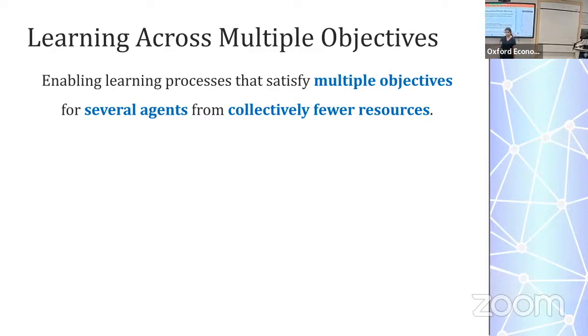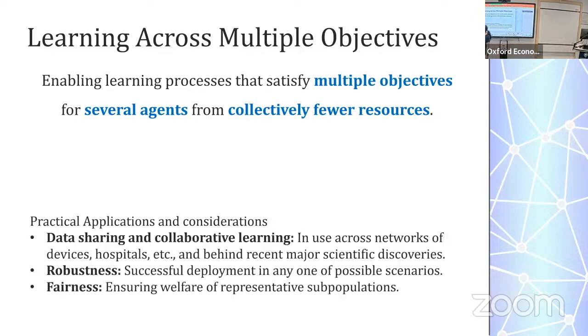And what we are hoping is to do this from collectively fewer resources, or at least given the fixed amount of resources we might have access to, how can we do this for more and more individuals on finite grains? And this is a very practical consideration that's coming up in a lot of different frameworks, a lot of different actual applications.